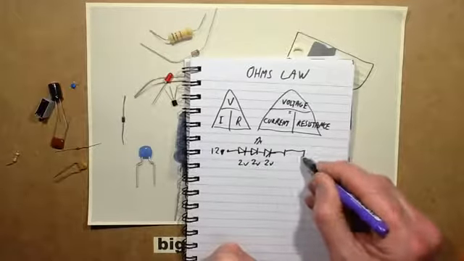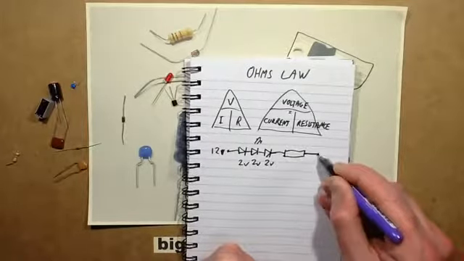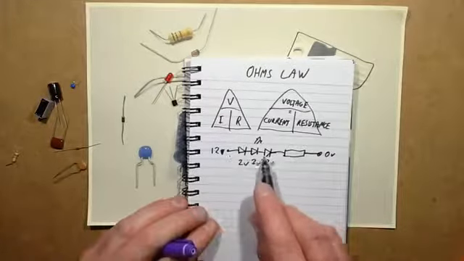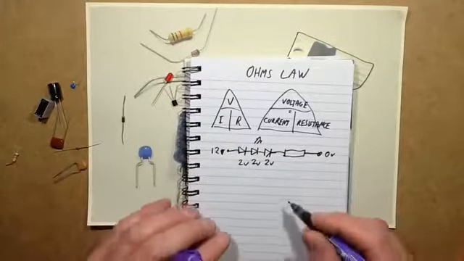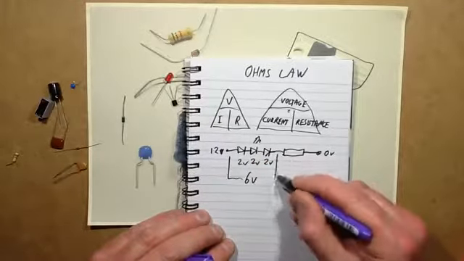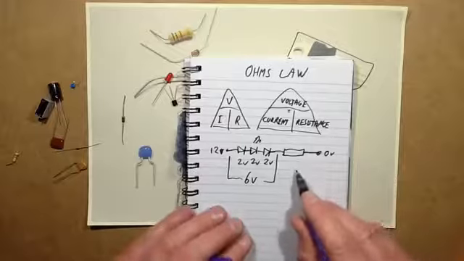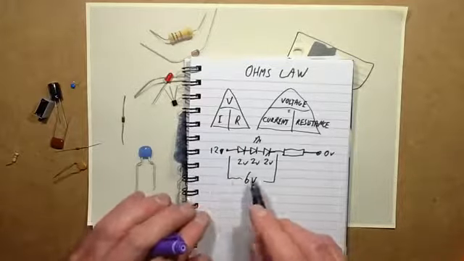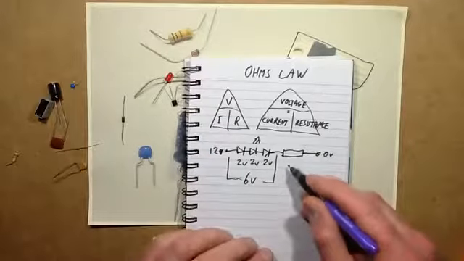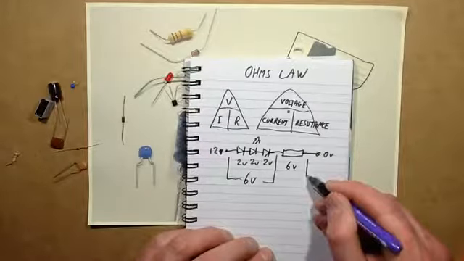You want to choose a resistor that is going to limit the current through these LEDs to 10 milliamps. So across the LEDs you've got 6 volts dropped, and because it's a 12 volt supply, you're going to have 6 volts across the resistor to drop.